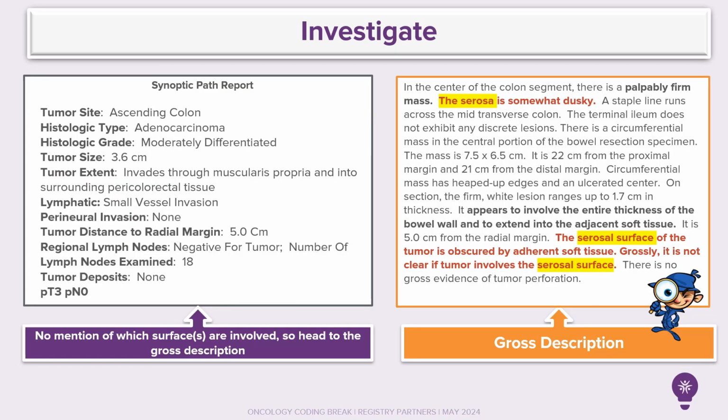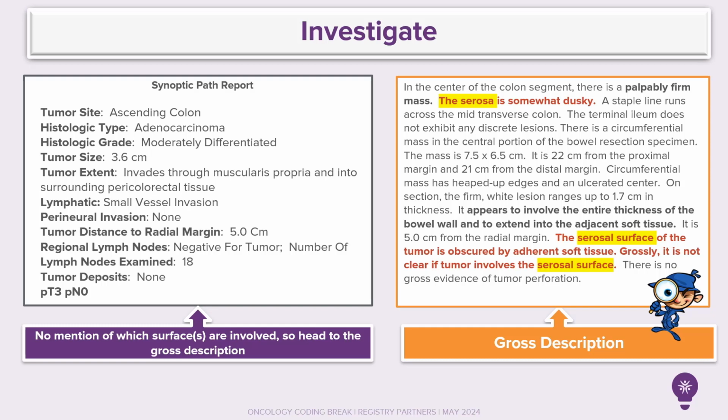Okay, so we have to do some more investigation. So we saw the synoptic report, which does not mention anything about whether the part of the ascending colon is peritonealized or not, and the operative report also just stated the primary site, but nothing more. So next we will head over to the gross description of the path report, which does state that there is a palpably firm mass.